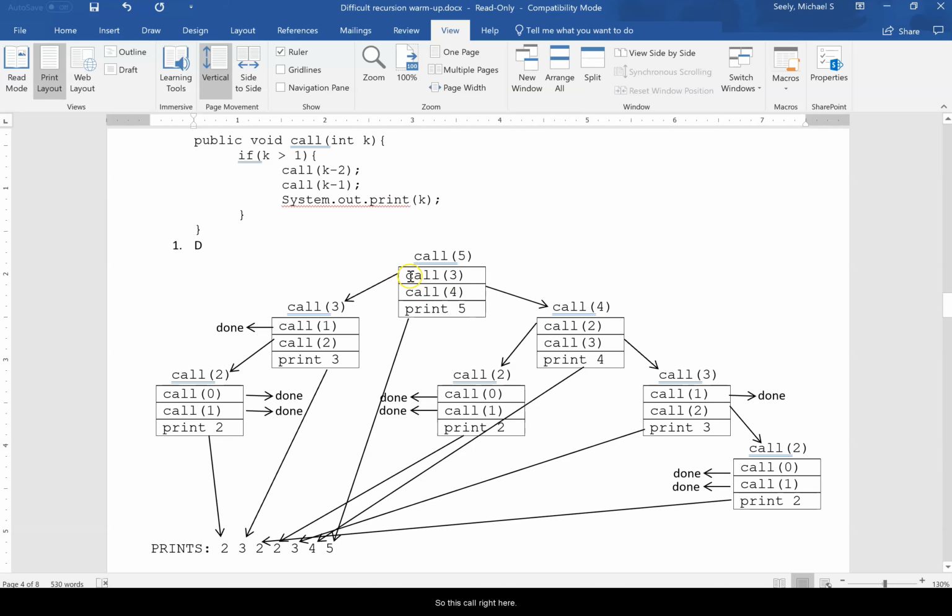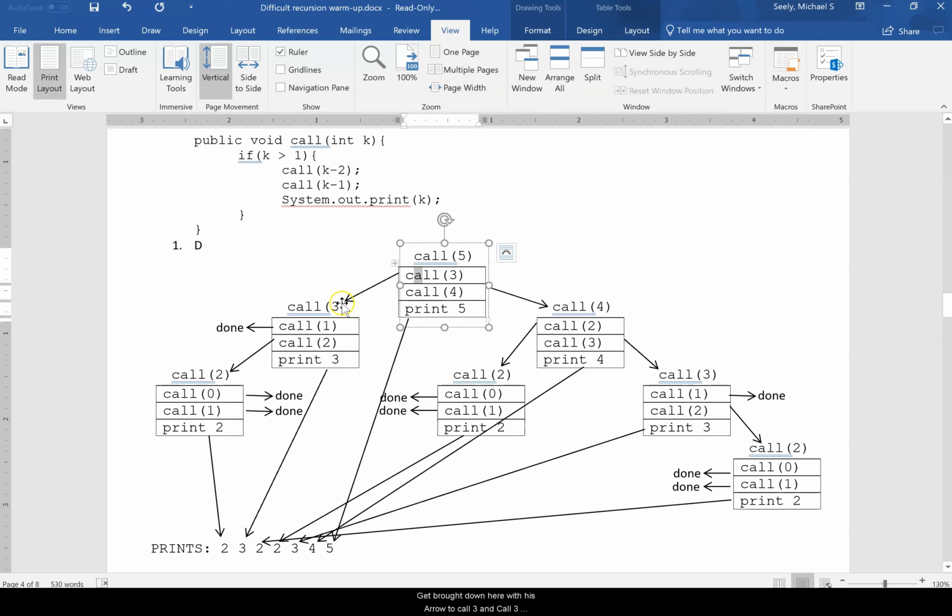This call gets brought down with this arrow to call 3, and call 3 does 3 minus 2, which is 1. 3 minus 1 is 2, so it goes down to call 2, and then prints 3.